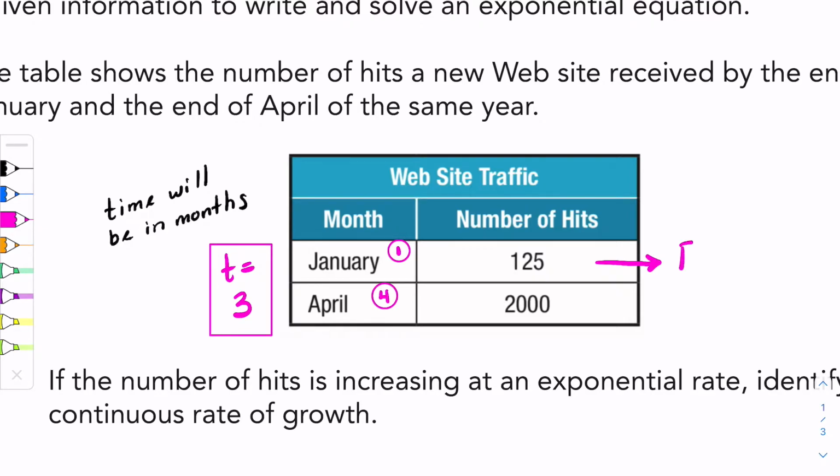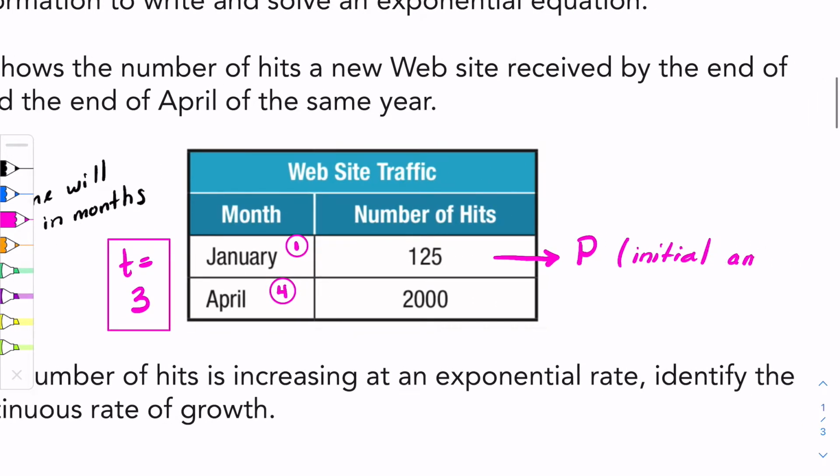That's going to be your P value. And 2,000, based on this chart, is the final amount. That's the final number that they grabbed for data. So 2,000 is your value of A, or I should say final amount.